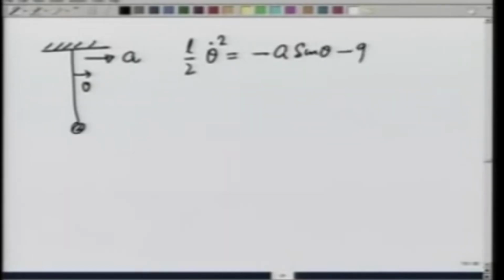So, what we have got is, when I have a pendulum at a support and suddenly the support moves with an acceleration a, I am going to have the angle of this change by L theta dot square is going to be equal to minus a sine theta minus g (1 minus cosine of theta).